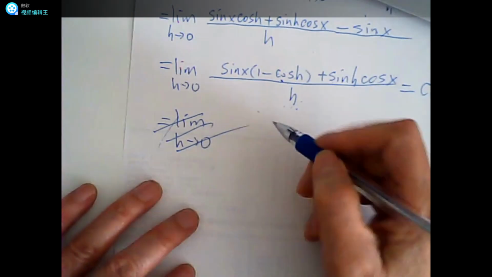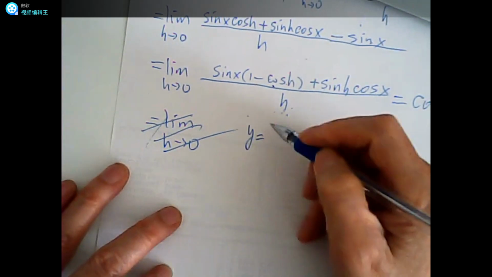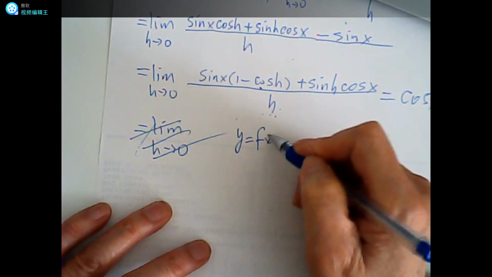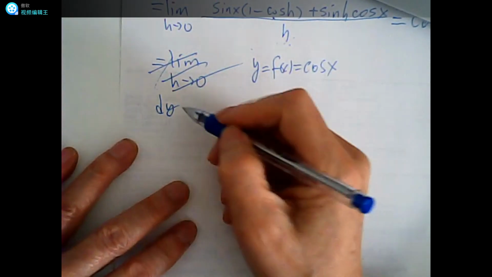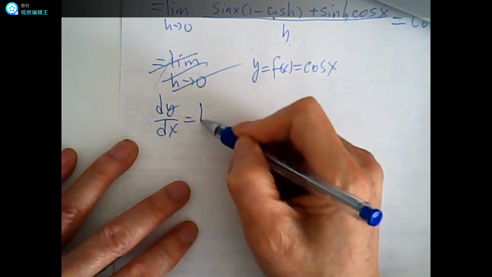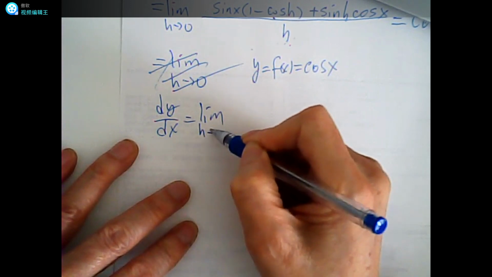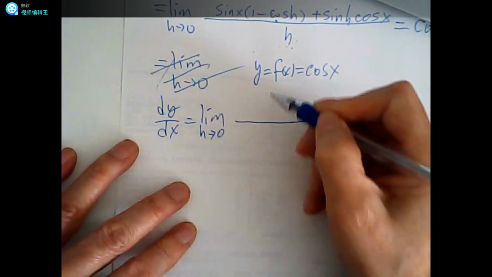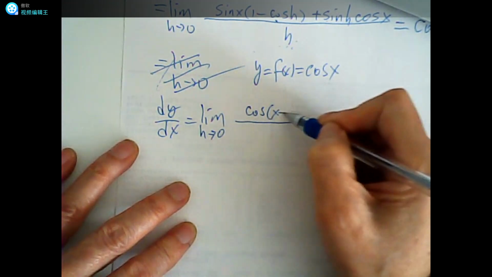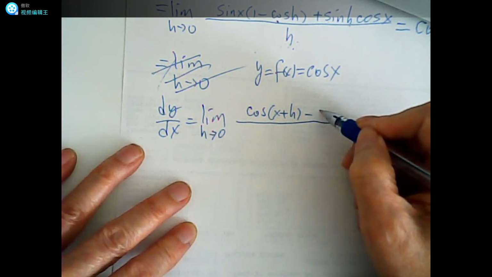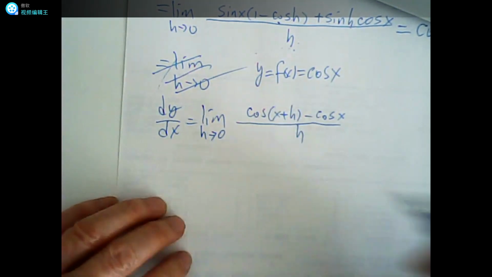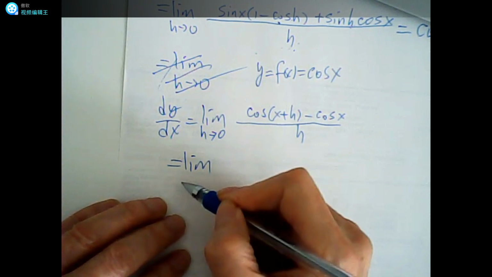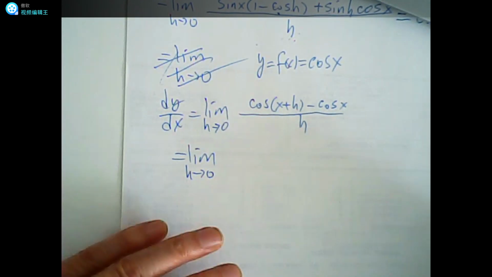Then the next one is cosine x. y equals f of x equals cosine x. We try to find dy/dx. dy/dx is equal to the limit as h approaches 0 of cosine of x plus h minus cosine x over h. So this one is equal to the limit as h goes to 0.